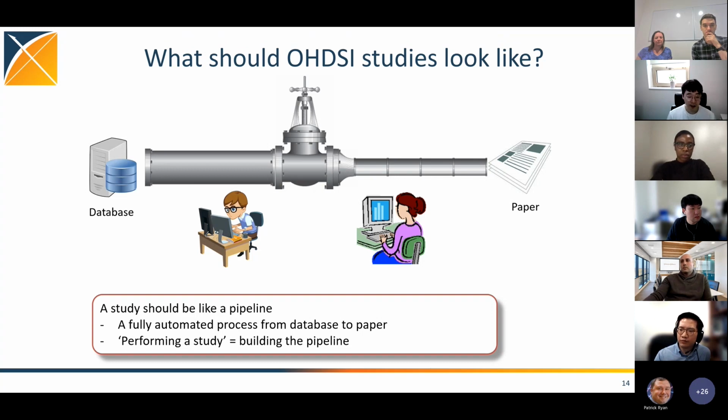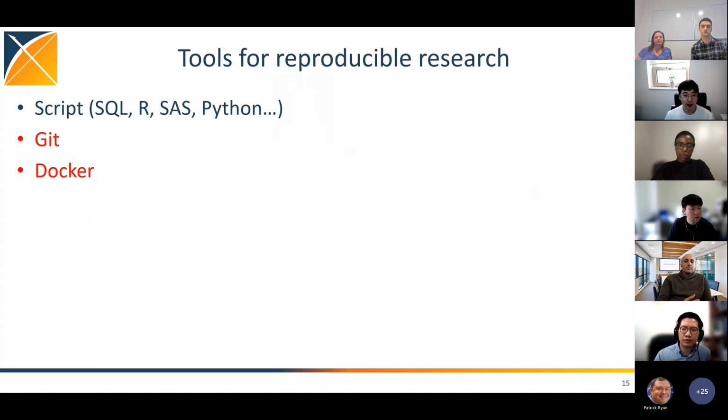So in OHDSI, performing a study means building the pipeline from the database to the paper, and this pipeline should be reproducible. There are some tools for reproducible research, and some of these tools were introduced by Mark seven hours ago, and I'm going to talk more about Git and Docker.